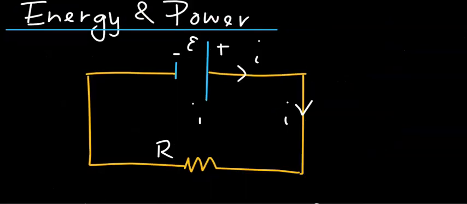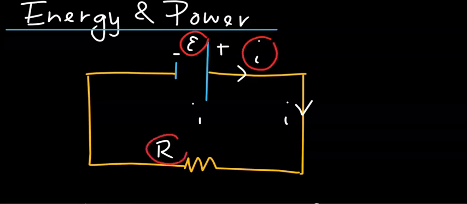To understand the basic concepts behind energy and power associated with the circuit, let's look at the following simple circuit. You have a battery with EMF E, and it creates current I going through the resistor with the resistance R, back to the battery, the negative terminal of it.